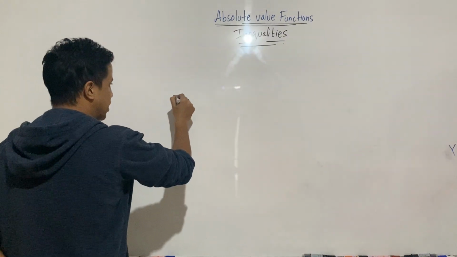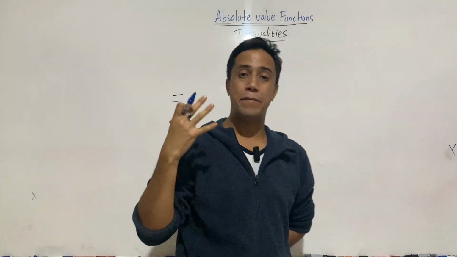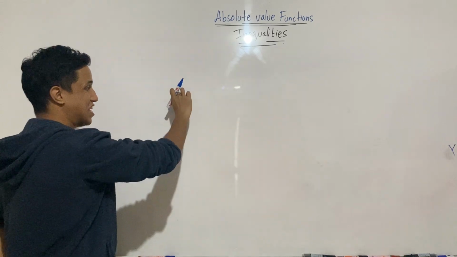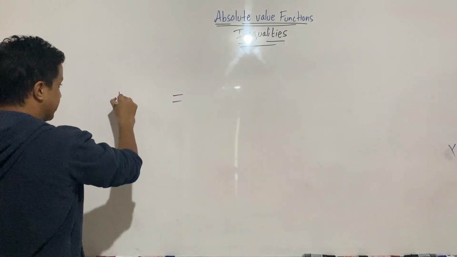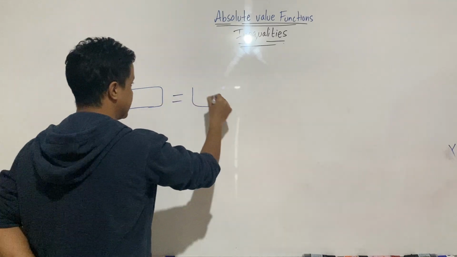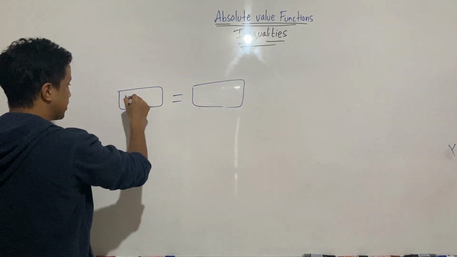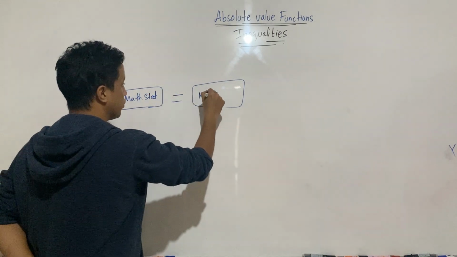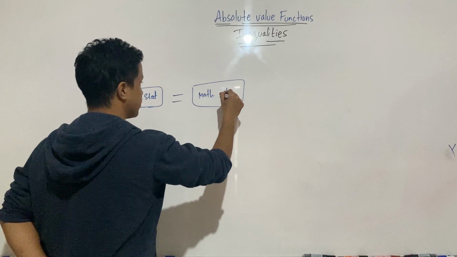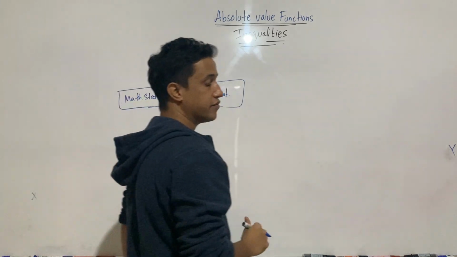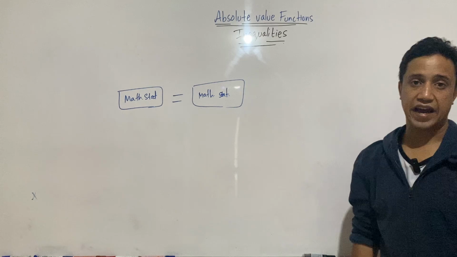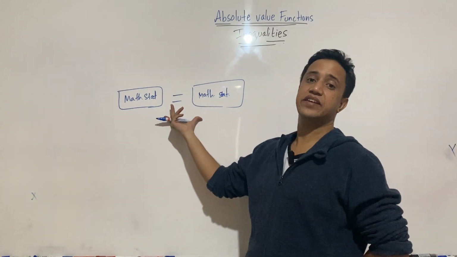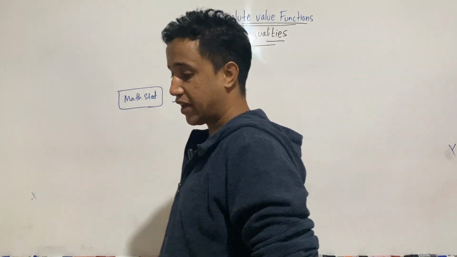An equation means when you have two mathematical statements on either side of an equal to sign, then it is going to be called an equation, right?